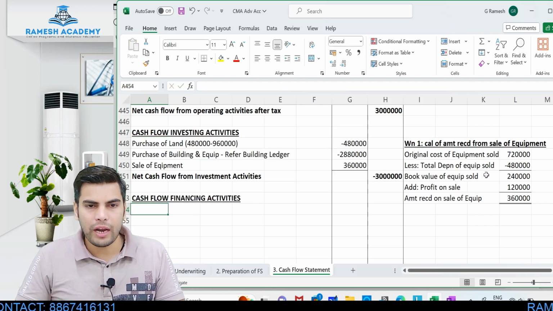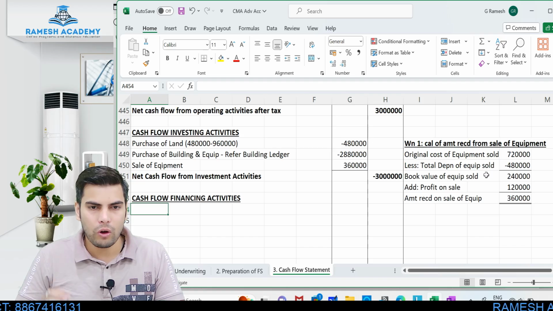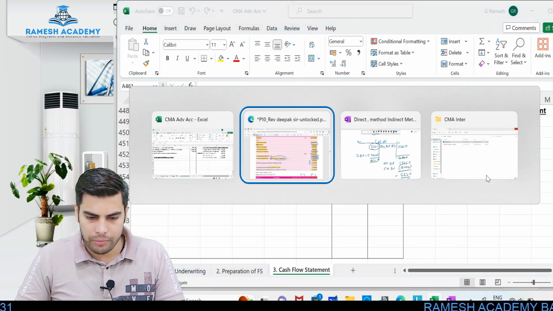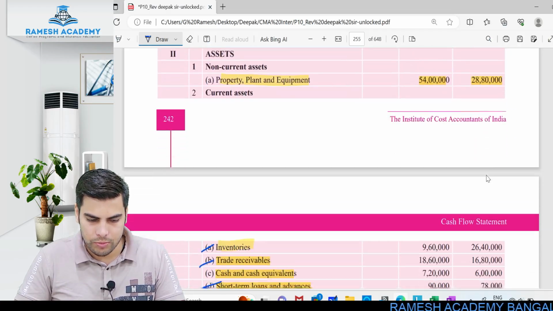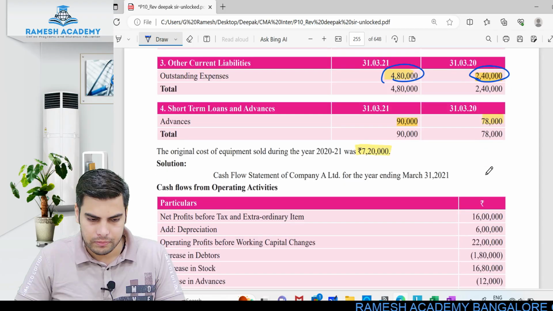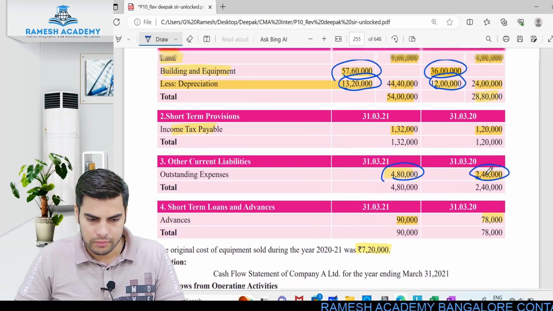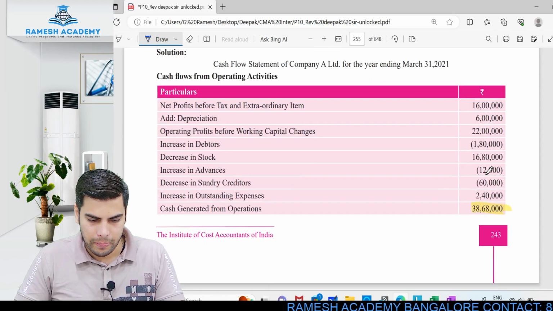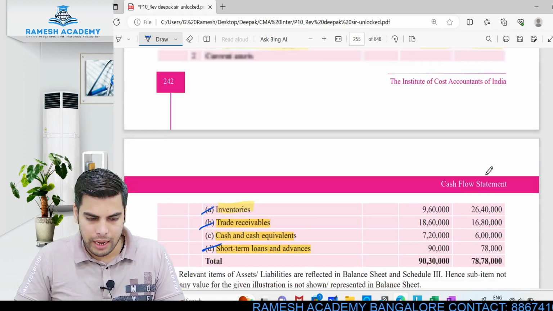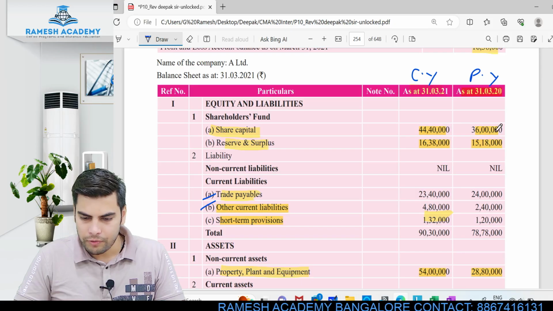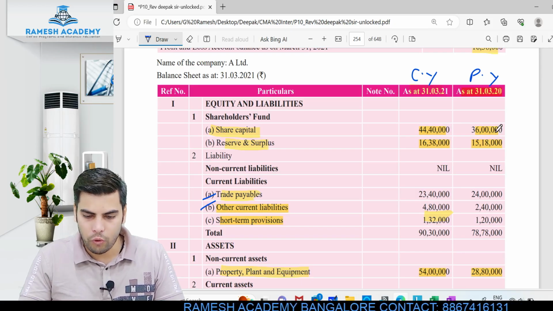Now when it comes to financing activity, this will mainly be including what? Anything relating to your capital and long-term borrowings. Okay, so when it comes to equity share capital, look at this particular note. The equity share capital, if you see, it is increased, right? So from 36 lakh, it is increased to 44 lakh 40,000.